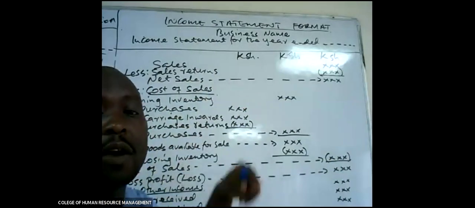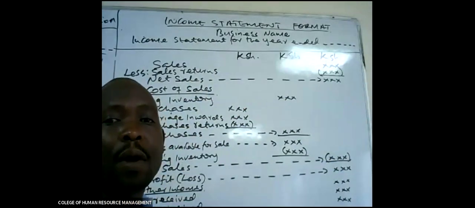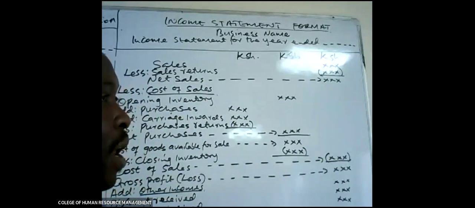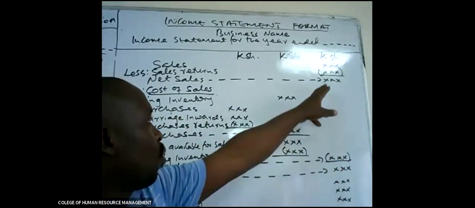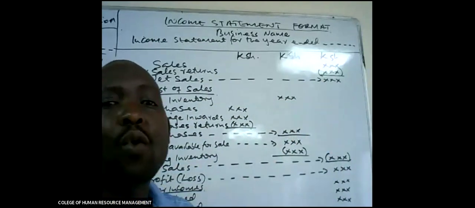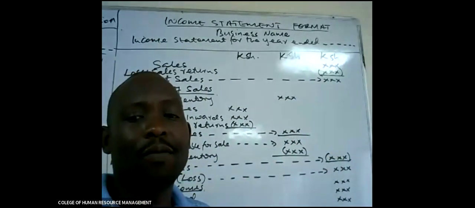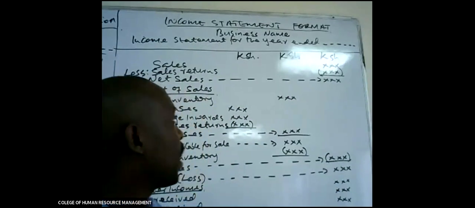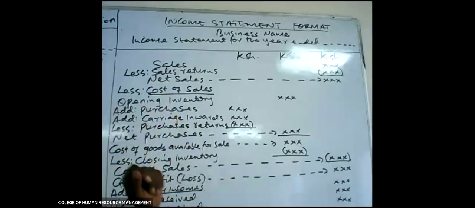The net sales is the actual or the correct amount that you sold, or the value of goods that were sold. Then the question is, these goods that we sold, we acquired them at what price? What was the cost for these goods that we have sold? So we come here and we deduct the cost of sales.